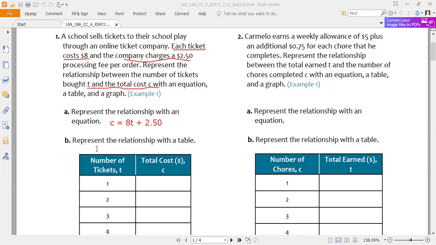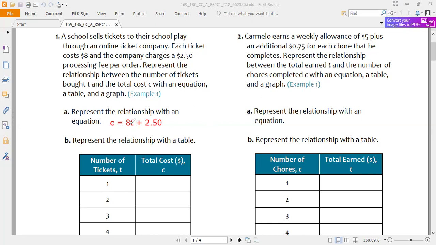After that, it asks to represent the relationship with a table. Now we will choose this equation, 8t plus 2.50, to make the table using this relation. If we want to find the total cost C for one ticket, that can be found from this equation: we replace t by 1.